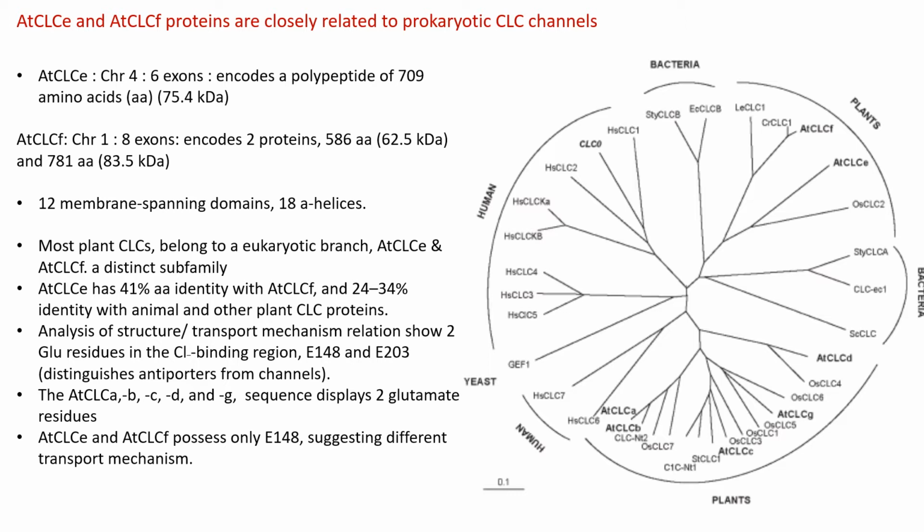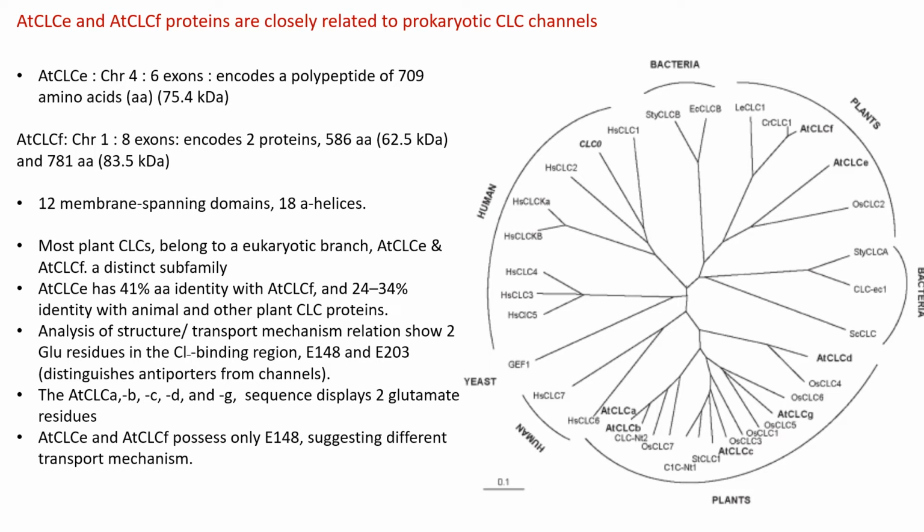If you look at the dendrogram on the right hand side of the slide, these CLC families are pretty homologous to CLC homologs present in prokaryotic organisms such as bacteria or fungi. And that is why it is important to look at the features of these higher plant CLCs.